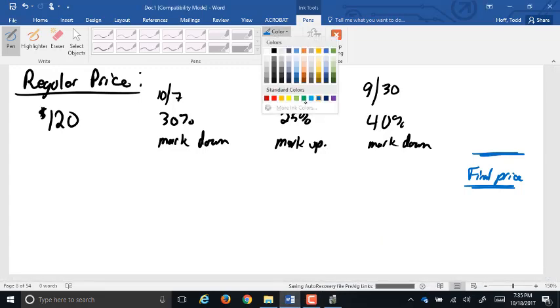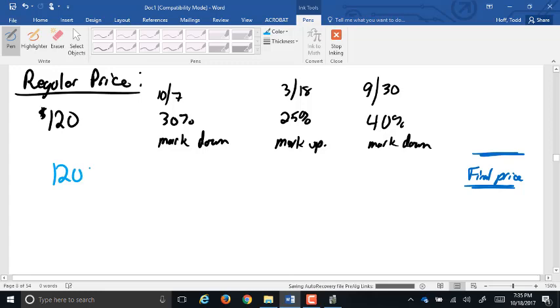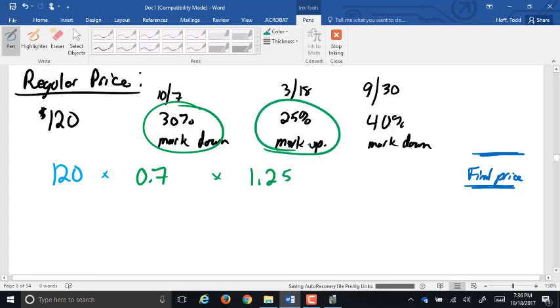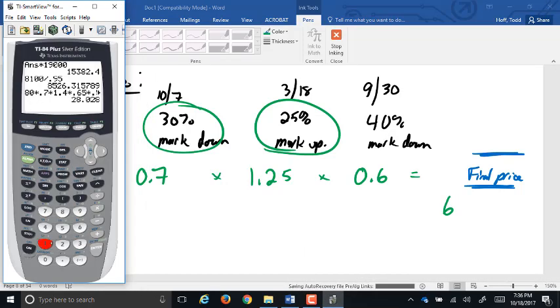So we're going to start out with the 120. What are we going to multiply that by? 0.7 for the 30% markdown times 1.25 for the markup times 0.6 for the markdown, which will give us $63.